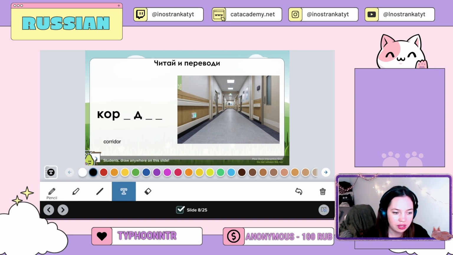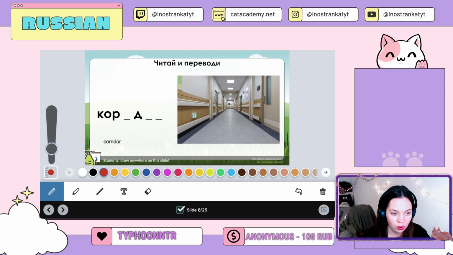So in Russian, pretty much the same. Коридор. The only difference is basically in English you have double R. In Russian we have only single R.